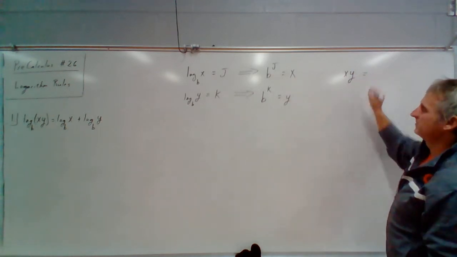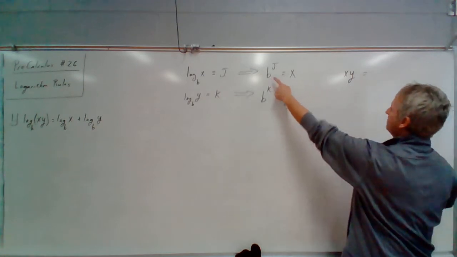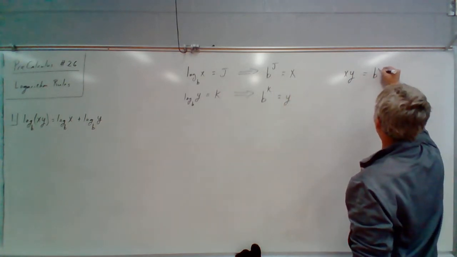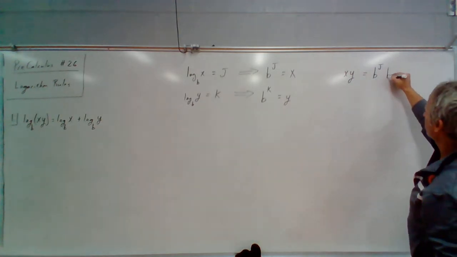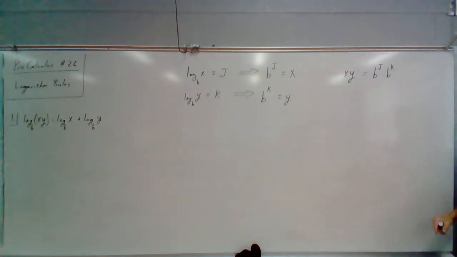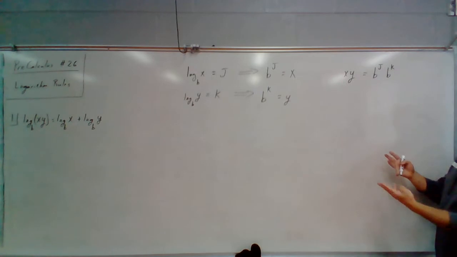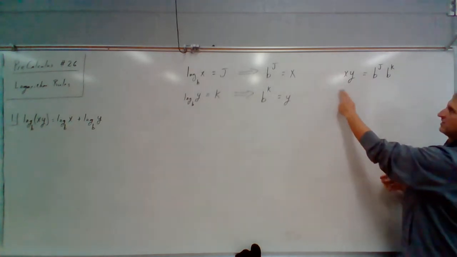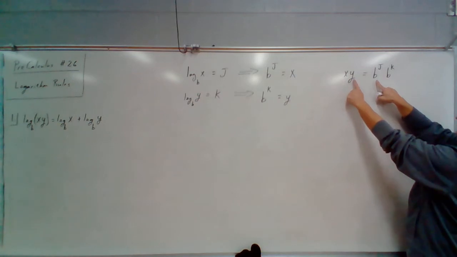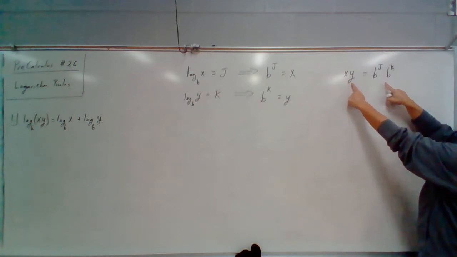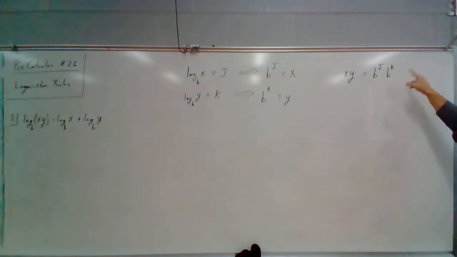What would that equal? Well, my x is b to the j, and my y is b to the k, so x times y has to equal b to the j times b to the k.